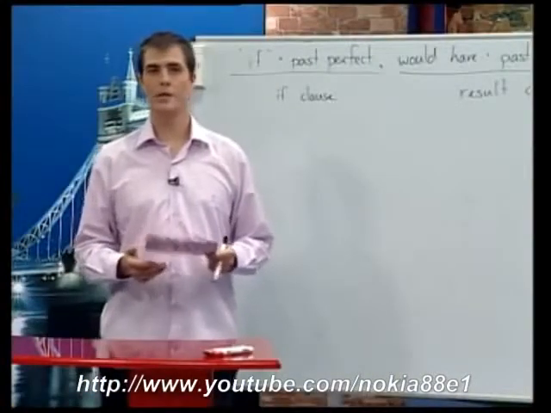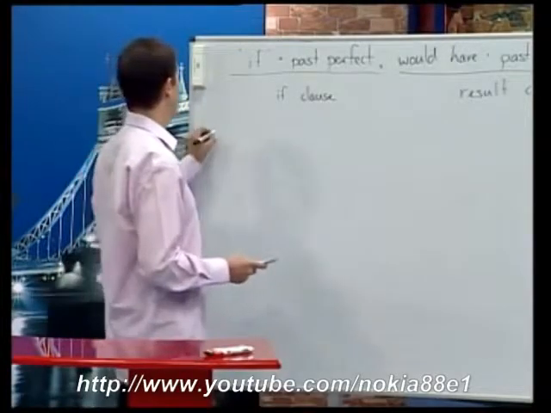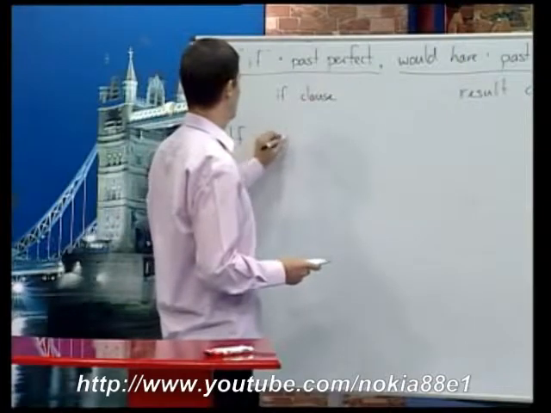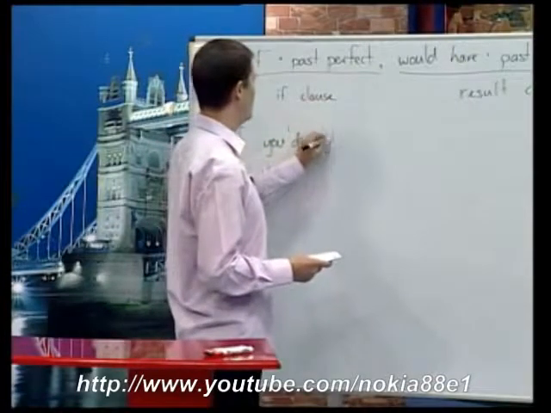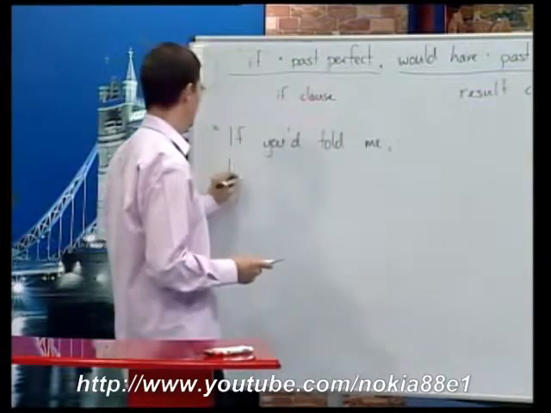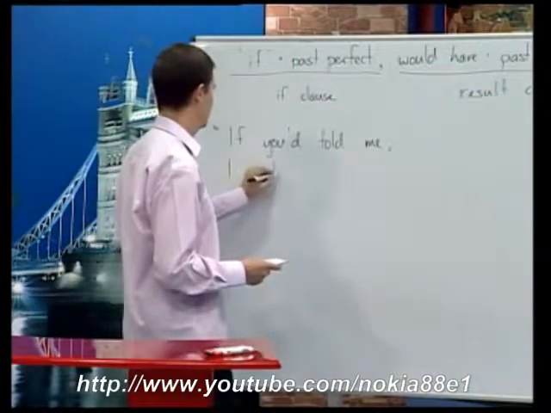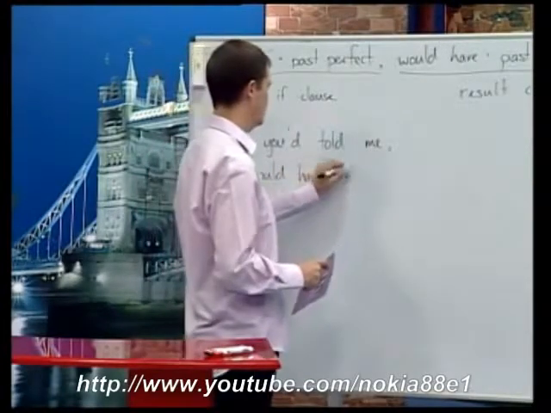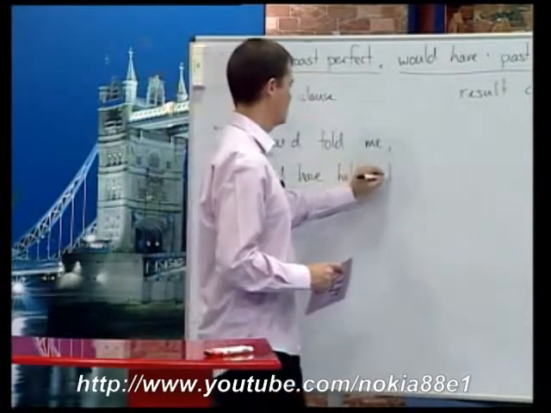So when we're speaking, the auxiliary verbs or the helping verbs are almost always contracted. For example, here, if you'd told me, comma, I would have helped the prisoner.